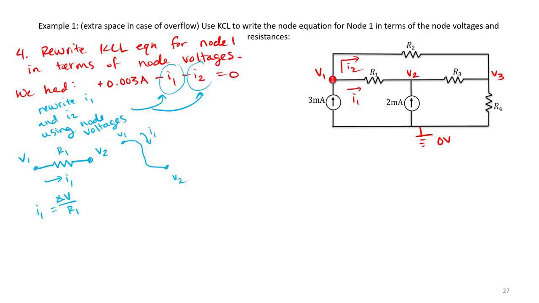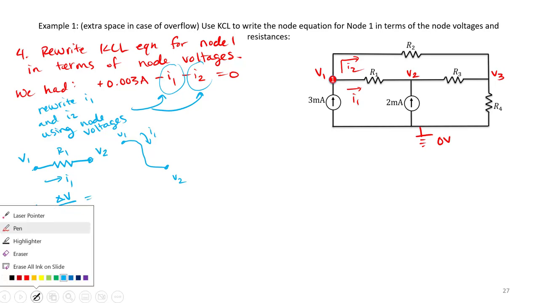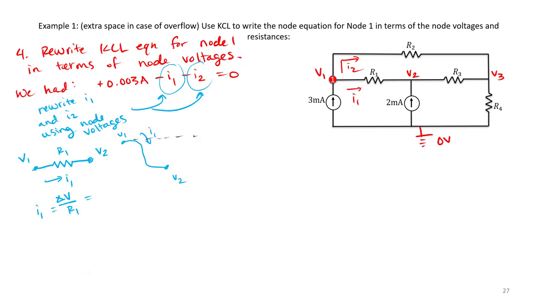So we need to find what's that voltage difference. Well, as we discussed, we know that the voltage across resistor R1 is going to be equal to V1 minus V2. It's basically this height difference. So therefore, we determine that I1 must be equal to V1 minus V2 divided by R1.